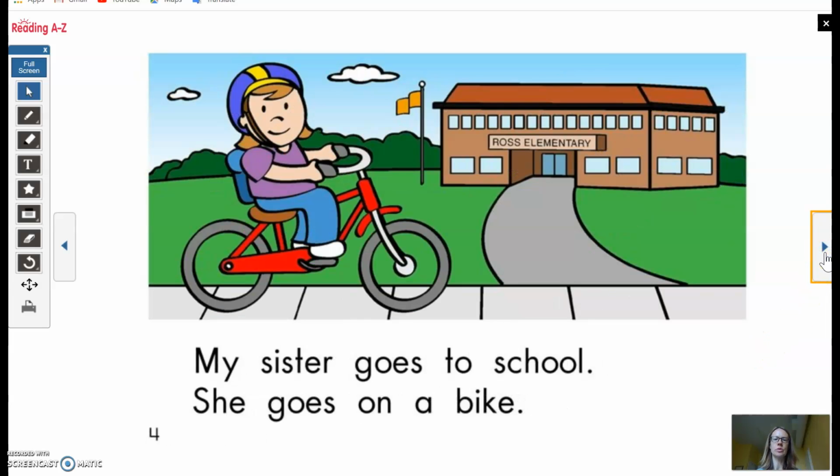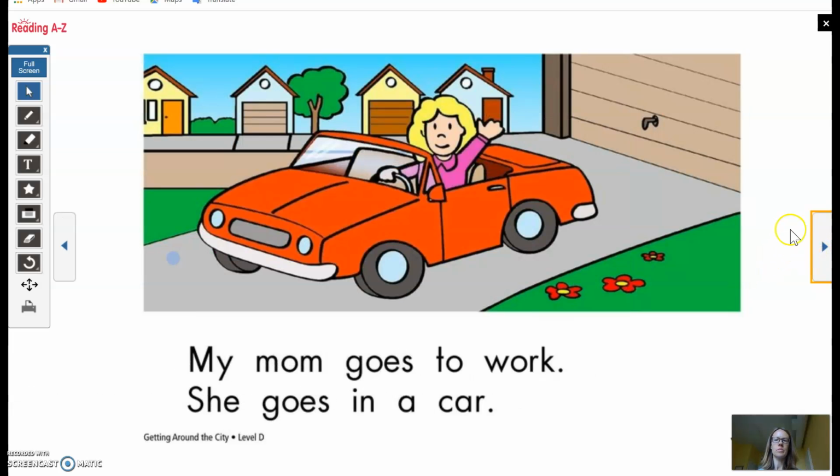Read this page. Let's read together. My sister goes to school. She goes on a bike. Read this page. Let's read together.